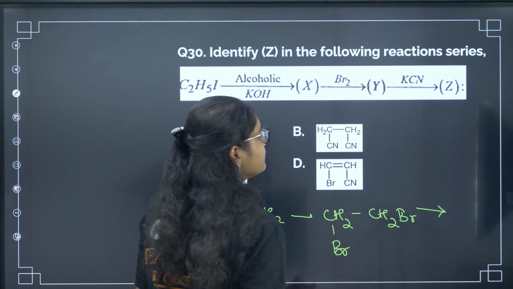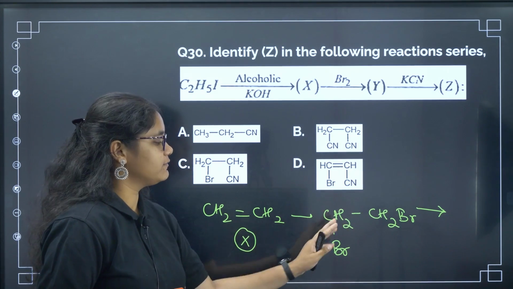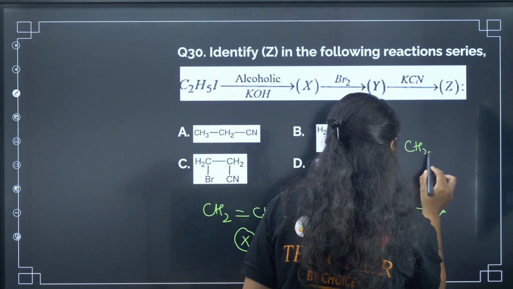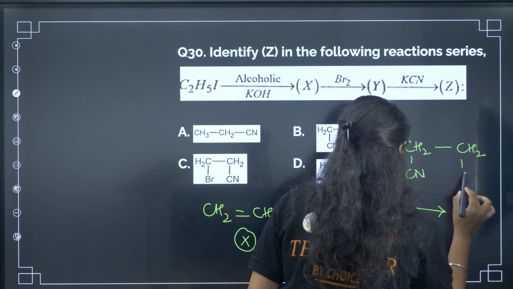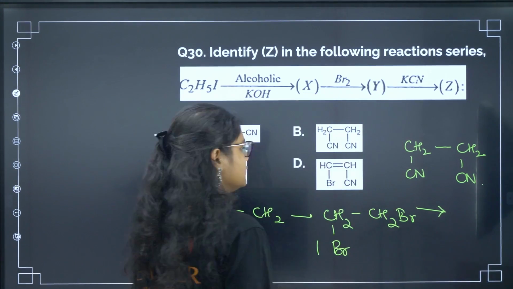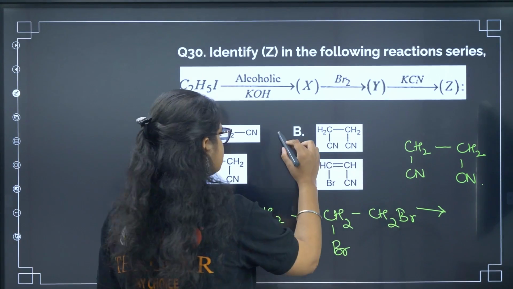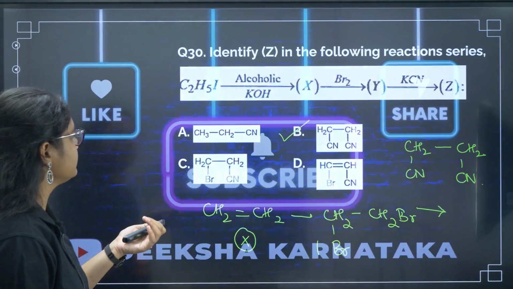Then we will have KCN. KCN will replace bromine with CN. So what I will get? CH2CN-CH2CN, right? So the correct answer for this question will be option number B. Any simple reaction here?